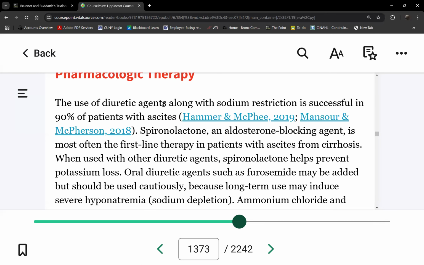The most successful non-invasive way to get rid of ascites is diuretics. I already explained your number one consideration before administering it: check blood pressure. Make sure the systolic blood pressure is above 100. Typically we use multiple, so it could be thiazide or loop or even spironolactone.